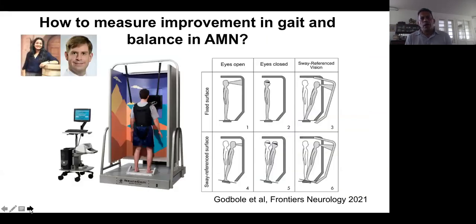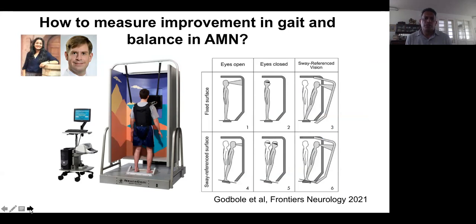So for gait and balance, I've also hopefully convinced you that it's important to have these sensory tracts work well and send information from the periphery to the brain. And it's often information not only about where your joints are in space, but also what kind of visual information is coming in.